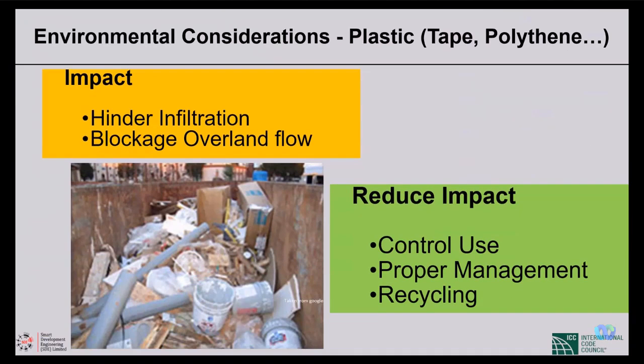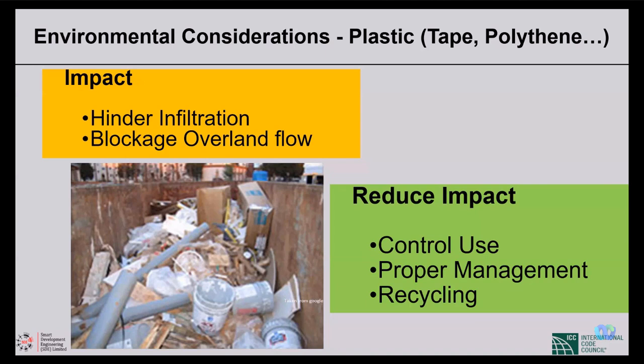So here is an example of the material use we are talking about during construction: plastic, polythene-type materials. Ultimately, two things are impacted. Mainly, it creates an additional layer between the surface and the soil.